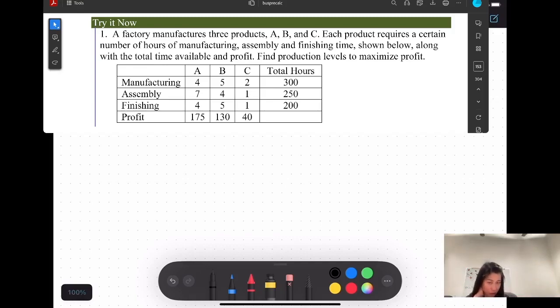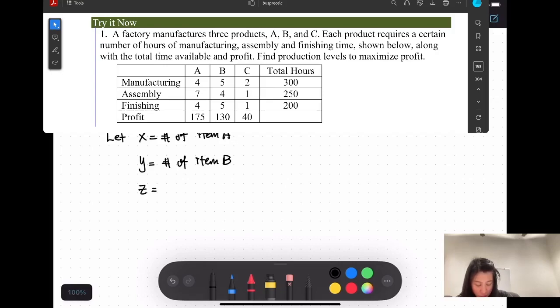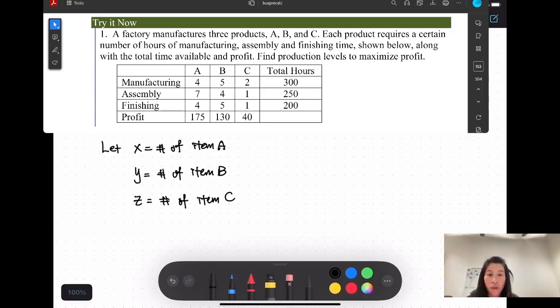Again, this is a similar problem. We will let X be the number of item A, Y be the number of item B, and Z be the number of item C. Our total hours for manufacturing is 300.